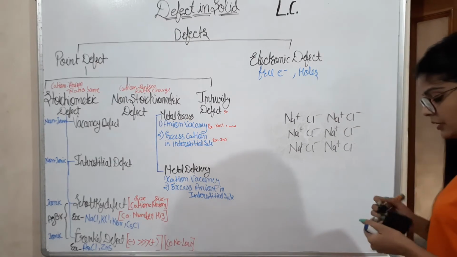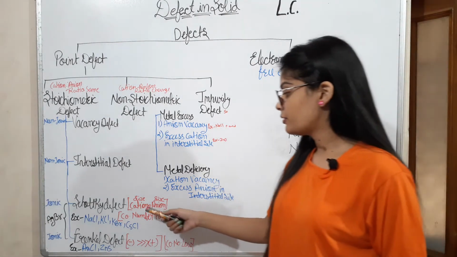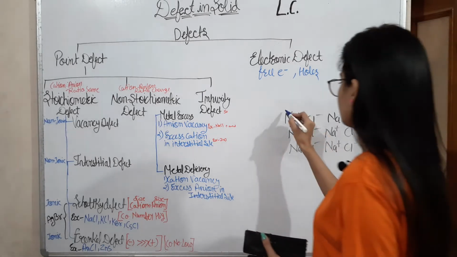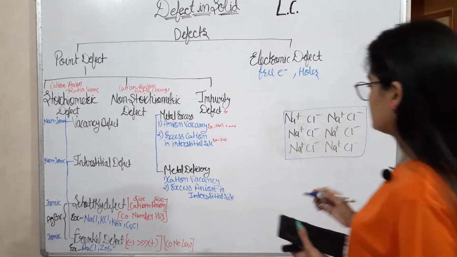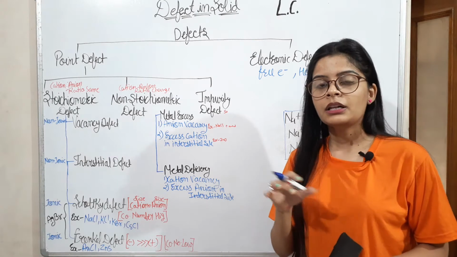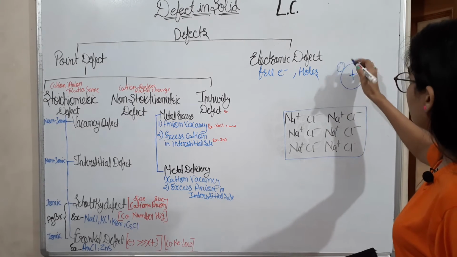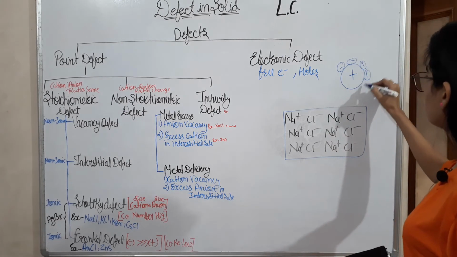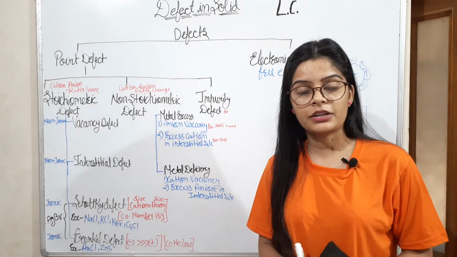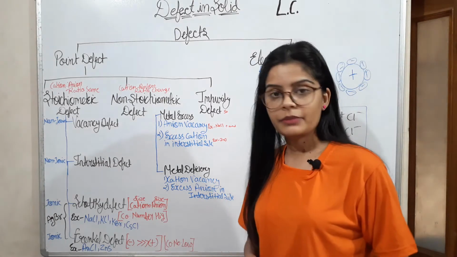Here in Schottky defect, the sizes of cation and anion are almost the same. If the cation is a little bit larger, almost the same as the anion, this is the cation, and it has anions surrounding it, so the coordination number of the cation here is high, because the size of the cation is larger, so it can surround lots of anions. That's why its coordination number is high. Okay.